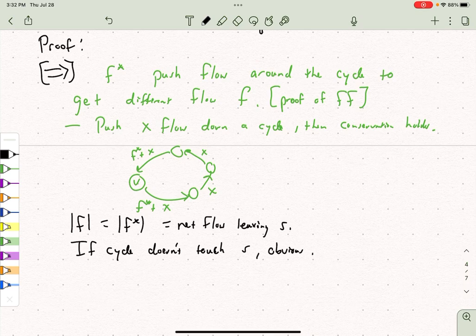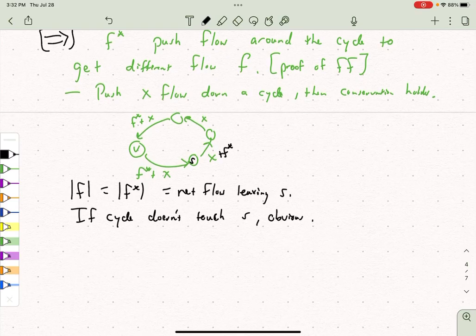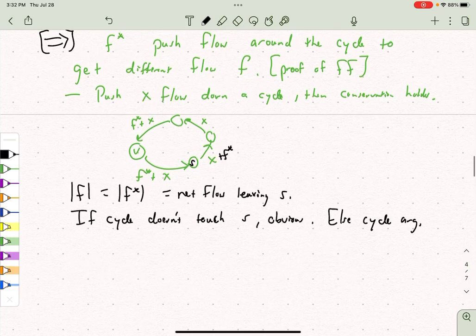But if the cycle does touch S, it still holds, because the amount we added to S is the same amount we've removed from S, because the ingoing edge is going to remove flow from S, or from the value. Okay, so that's a flow.